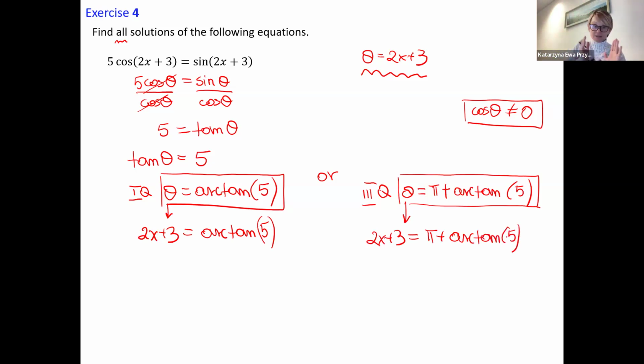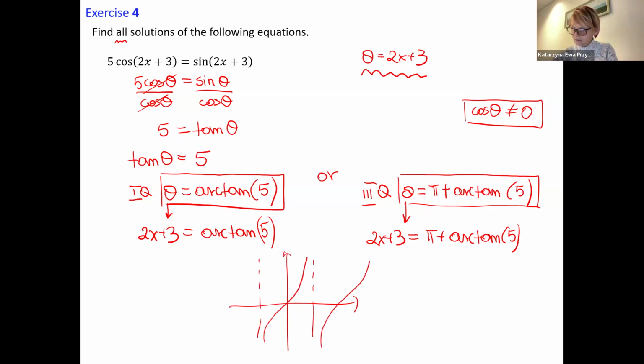Because tangent is also a periodic function, but what is the period? What is the interval at which tangent will repeat? The situation will actually repeat. Sine function repeats every 2 pi. Cosine every 2 pi. What about tangent? Do we remember tangent? Tangent is one tangent curve, another tangent curve, another one.